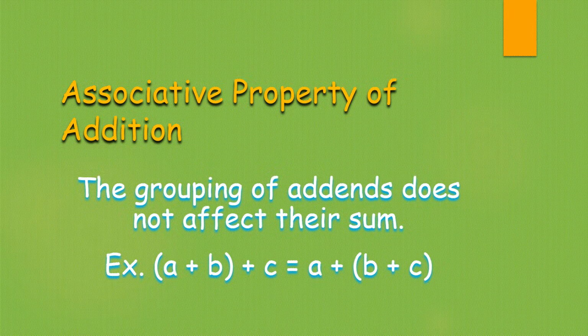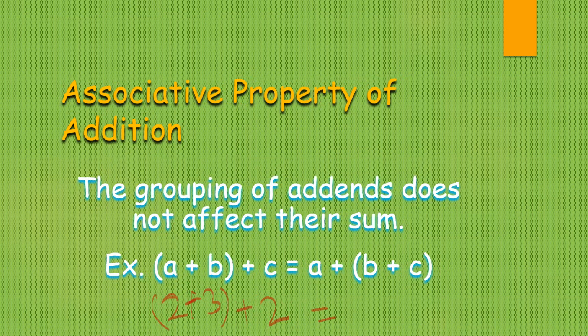Associative property of addition, the grouping of addends does not affect their sum. You see here, a plus b plus c equal to a plus bracket b plus c bracket close. Let's see, 2 plus 3, keep in bracket, and plus 2.